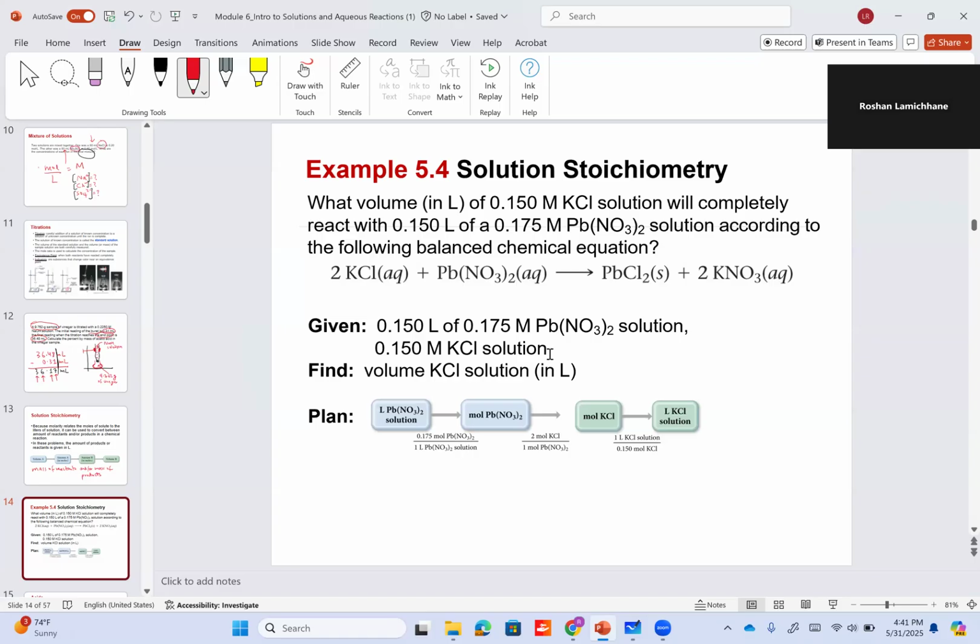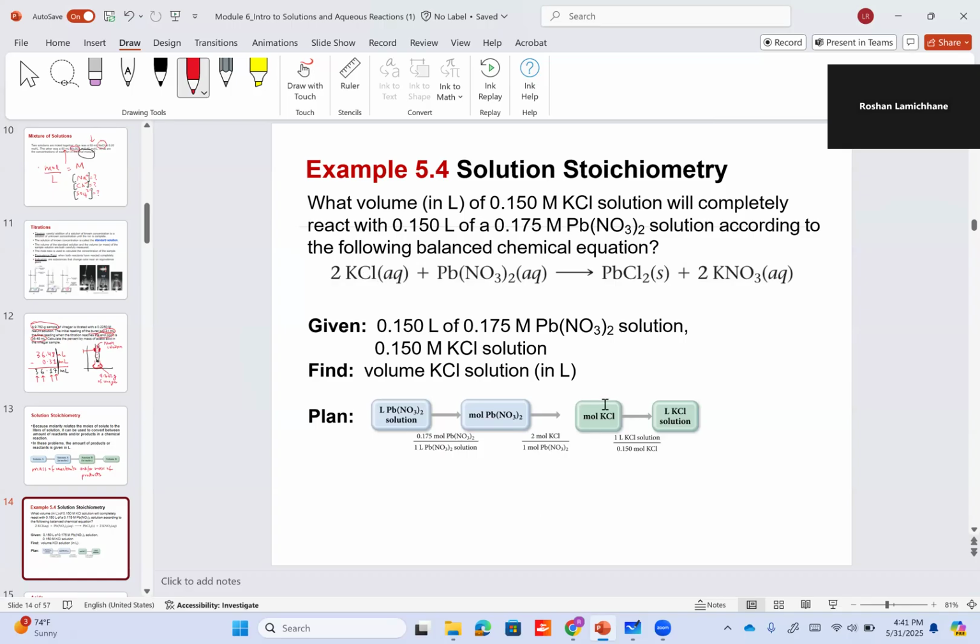First thing I'm going to do is follow this plan. I'm going to use these two values, the volume in liters and the molarity of the lead(II) nitrate, to figure out the moles of lead(II) nitrate. After that, I can see that 1 mole of lead(II) nitrate reacts with 2 moles of KCl, so I use that stoichiometric ratio to figure out the moles of KCl.